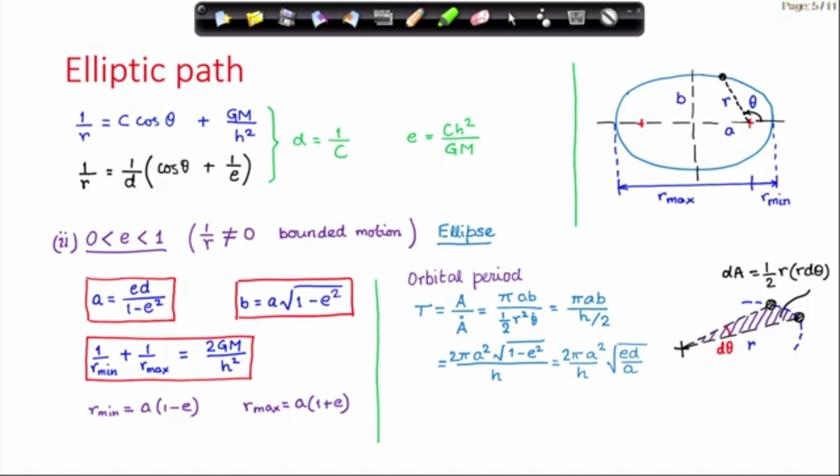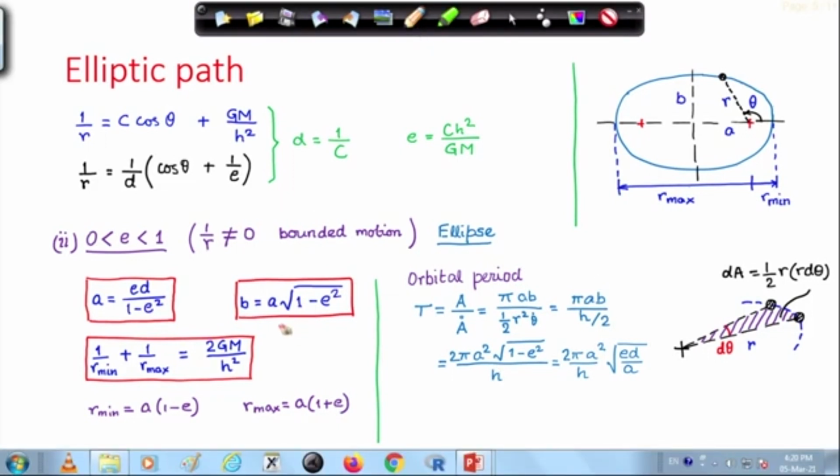And if you use various relations, here I have used b equals a times under root 1 minus e square in the first step. Then 1 minus e square I can write as e d by a.